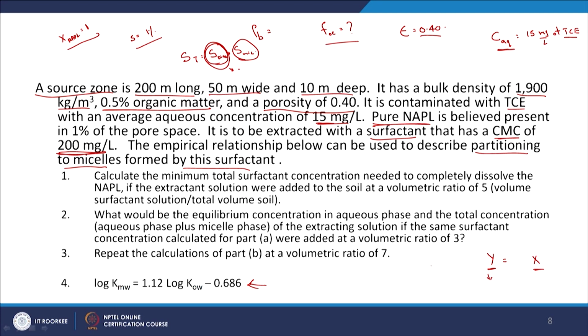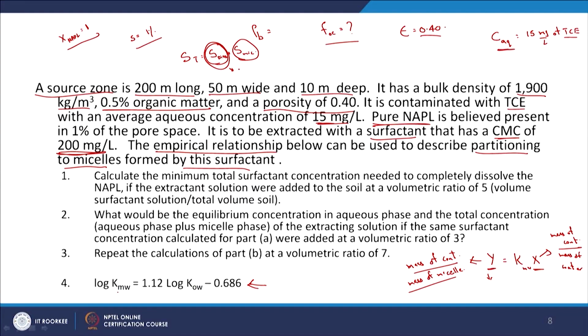This is the mass fraction: mass of contaminant per mass of micelle, or mass of surfactant in the micelle phase, that is Y, and this is mass of contaminant per mass of water. The relationship depends upon the micelle water partitioning coefficient. I guess it is self explanatory.